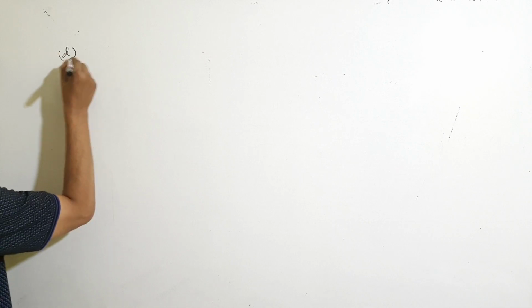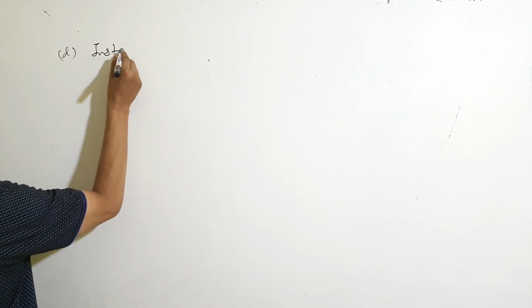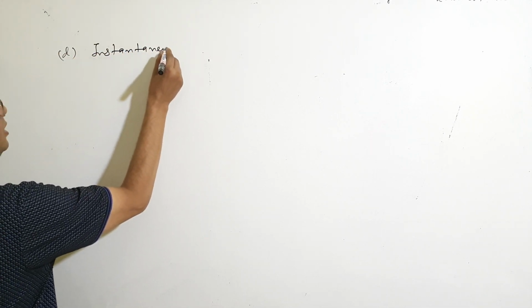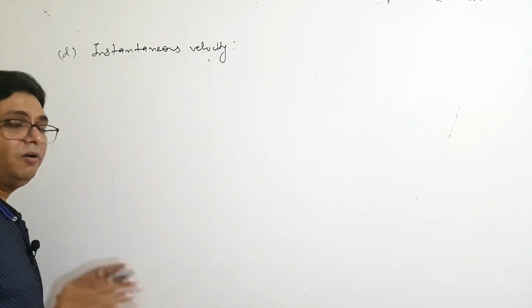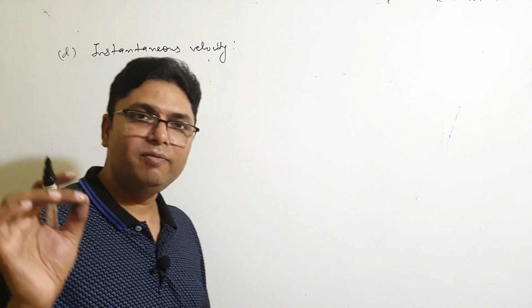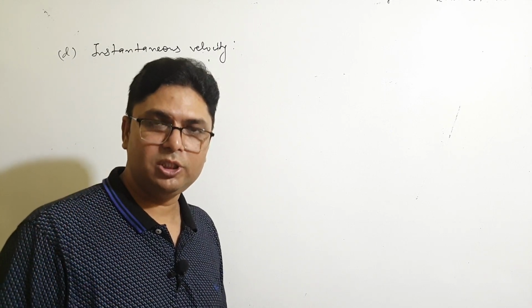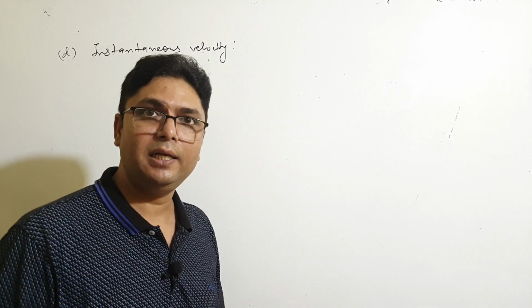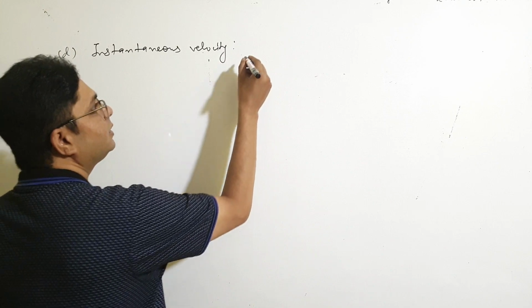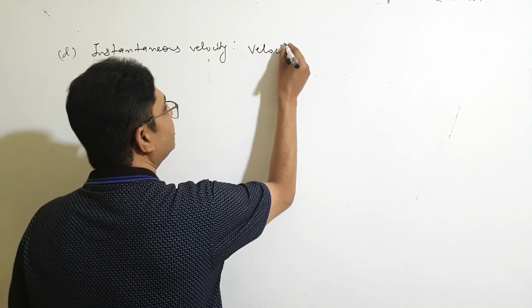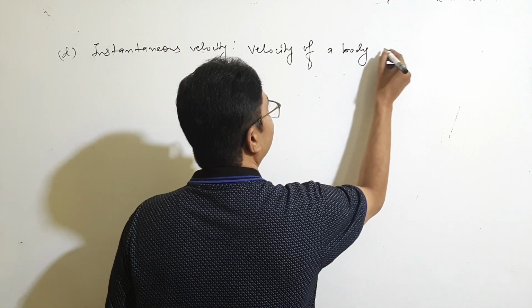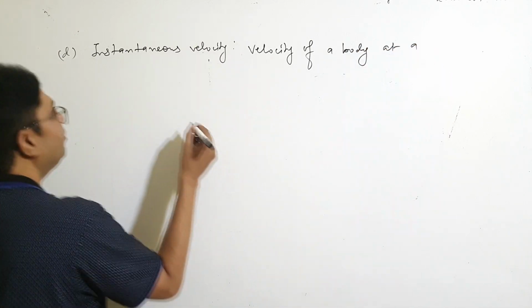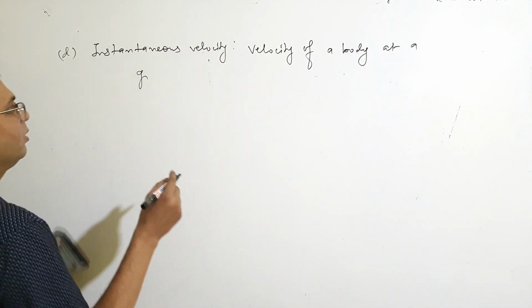Number D is instantaneous velocity. Velocity of a body at a given time or given position is said to be instantaneous velocity. This is velocity of a body at a particular time or position.